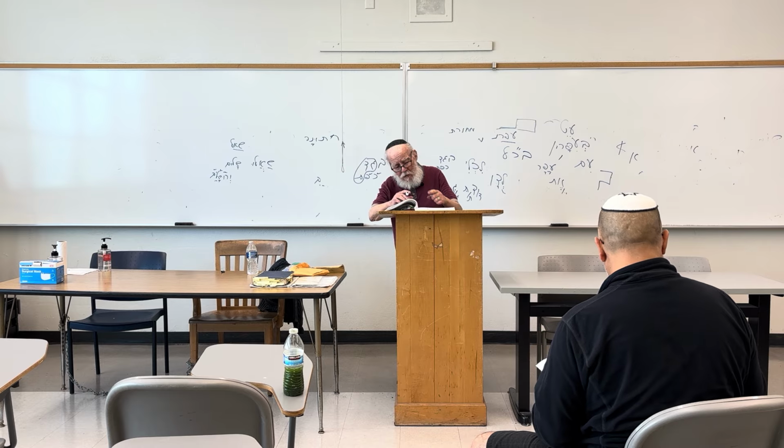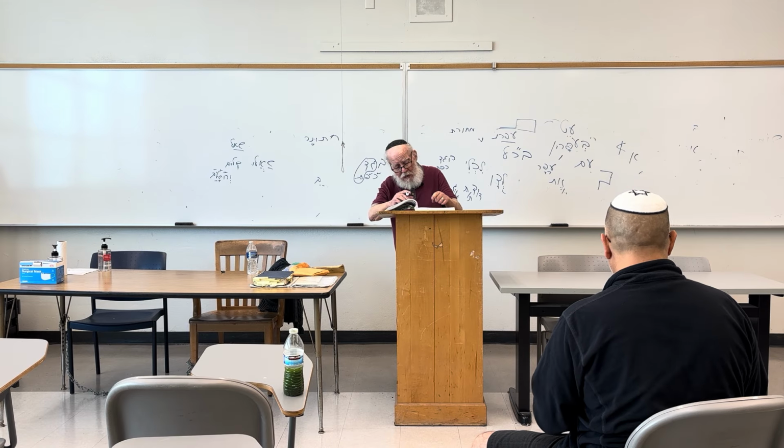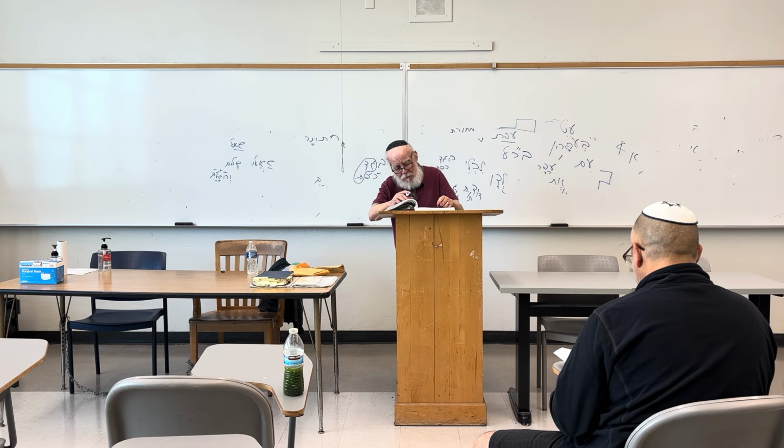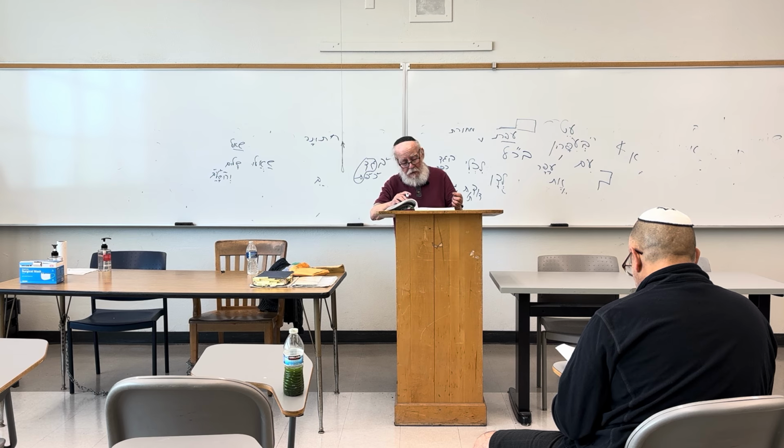The bet comes along, strikes out the hey that's there for the university, and that's how you say in the university, ba universitah. If this is meant to be in a university, then it'll be bi universitah. Same thing about to the university. Ha universitah is the university. Lamed comes along, strikes out the hey, la universitah.